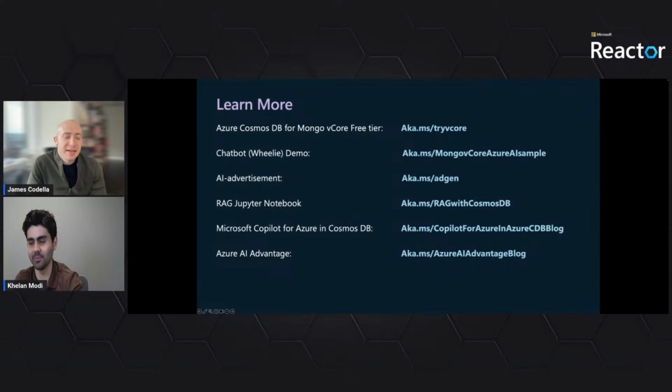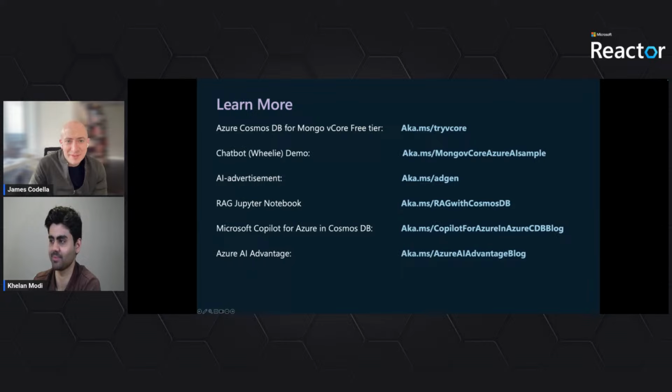If you're interested in anything that we've shown here, we have code samples up on GitHub. The Copilot is available for you to try. Going down the list here, aka.ms/tryvCore allows you to get started with Azure Cosmos DB for MongoDB vCore's free tier. The second link takes you to the demo that Kaylin showed for Wheelie. You'll have to create your own persona and Wheelie assets, but there's a quick deploy button, as Kaylin showed you, to get started.